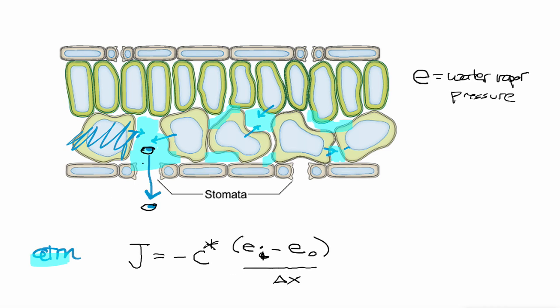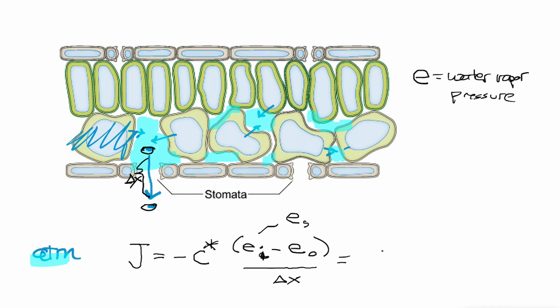And that's just this distance here. I'll call it delta x. It's not really important. It's some small distance that separates the interior cavity from the atmosphere through the stomata. Remember, however, that inside the little cavities in the plant, the water vapor is always at saturation. This is always equal to the value of the water vapor pressure at saturation.